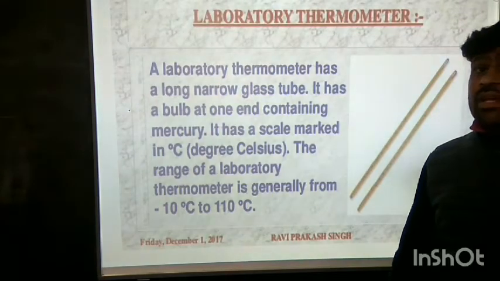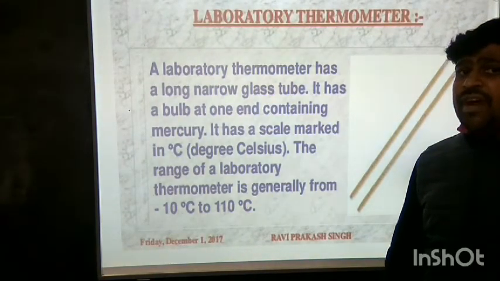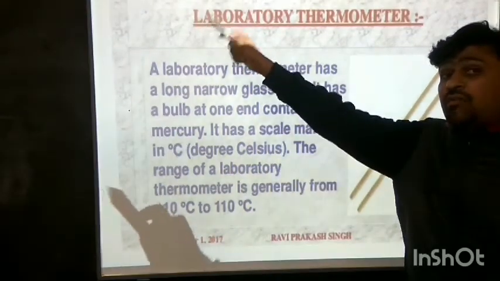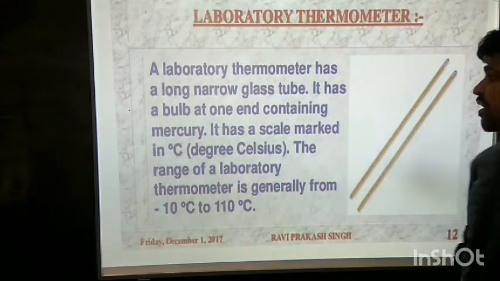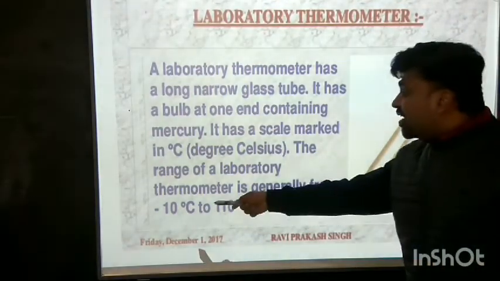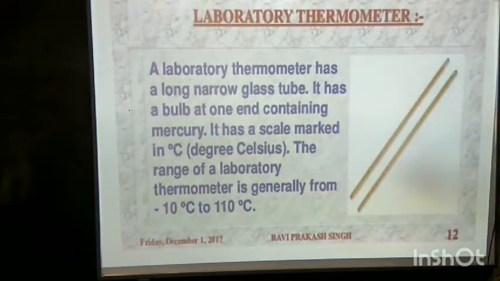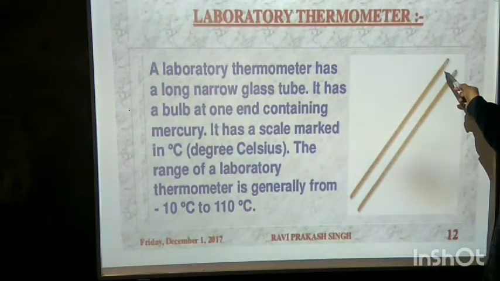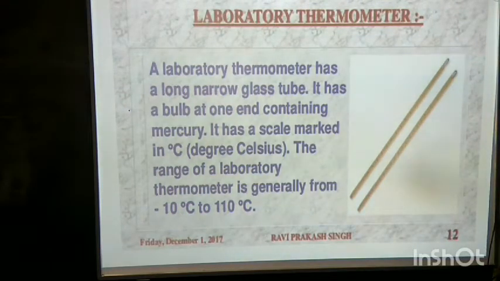Regarding the clinical thermometer, the temperature scale starts from 35 degrees Celsius to 42 degrees Celsius. But in case of the laboratory thermometer, it starts from -10 degrees Celsius to 110 degrees Celsius.